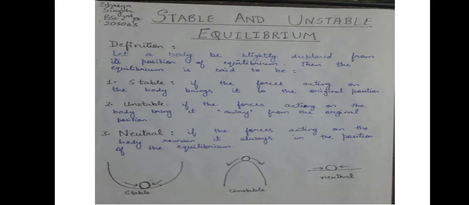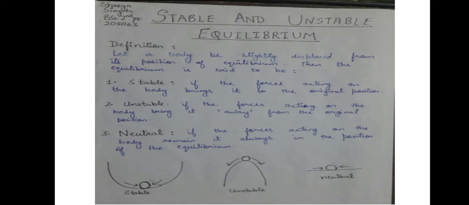You can see in the diagram below that we take a ball here and apply force in both directions, that means right and left direction. The ball remains stable at the lowest position of the bowl, that means at the bottom of the bowl the ball remains stable.